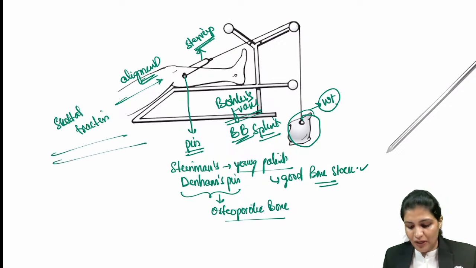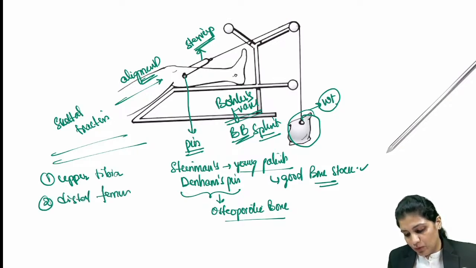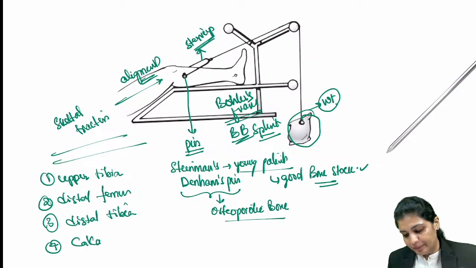So what are the areas where you go for skeletal traction? We have already learned the upper tibia, and you can go for your distal femur, and you can go for your distal tibia, right? And then you can go for your calcaneum.